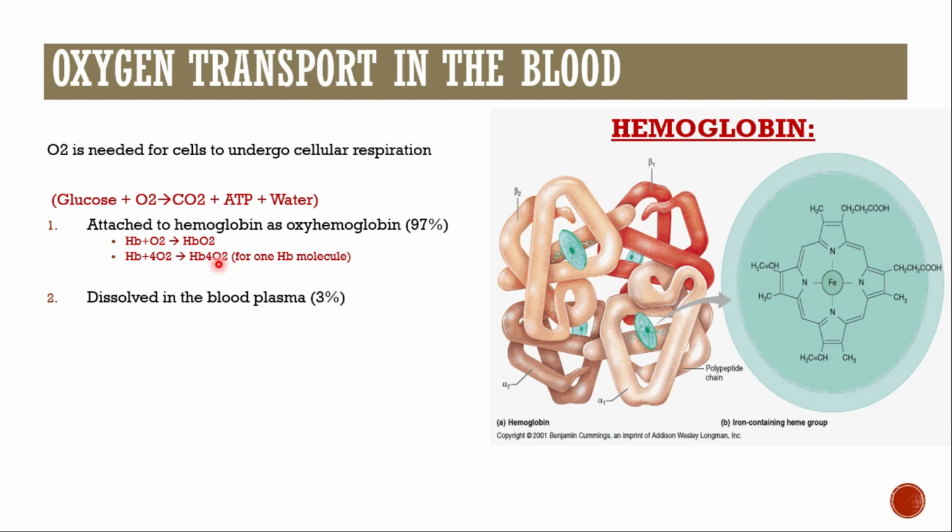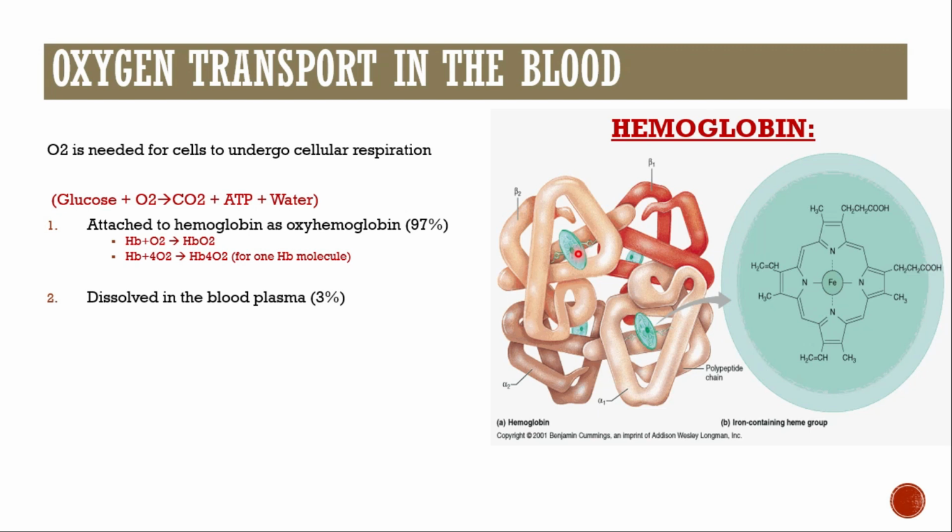Hemoglobin is a metalloprotein with 4 subunits, as we can see here: 1, 2, 3, 4 polypeptide chains. It is composed of an iron containing heme group attached to a globin polypeptide chain.